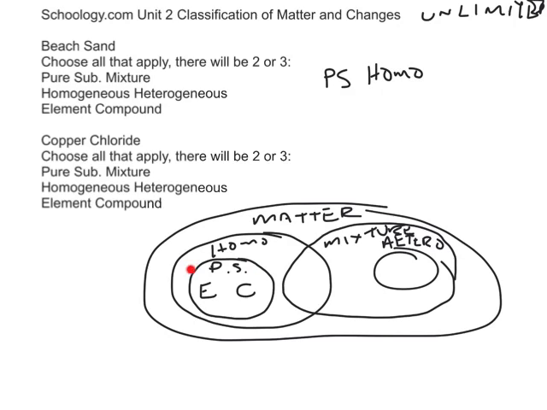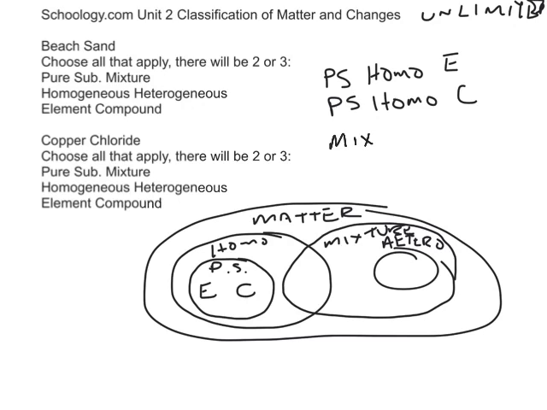You can see that all pure substances are entirely within homogeneous. And it can either be an element, or those same options, pure substance, automatically homogeneous, it can be a compound, but not both. Something is either an element or it's a compound. So here are 2 possible combinations of checks if you think it is a pure substance.